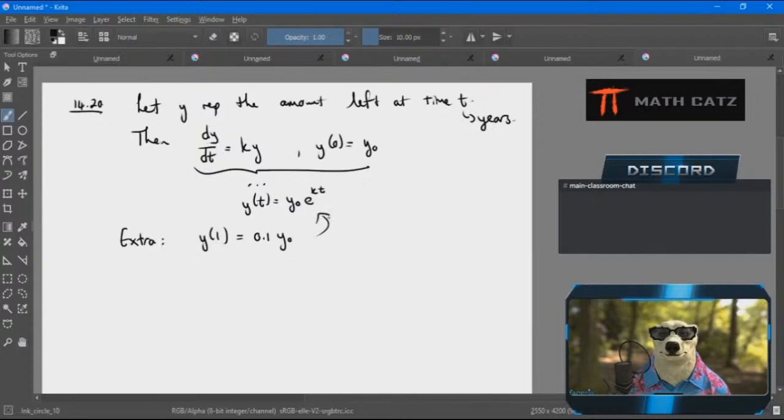So that then goes in here for 0.1 y0 equals y0 e to the kt. No, not t. T is 1. Time is 1. And you see here, they didn't give me the initial amount because it didn't matter in this equation. So e to the k times 1, so just k is 0.1. So k is simply natural log of 0.1 with no extra calculation.